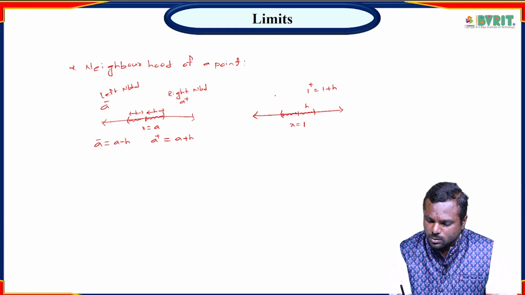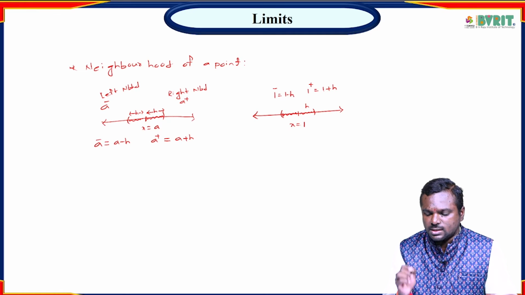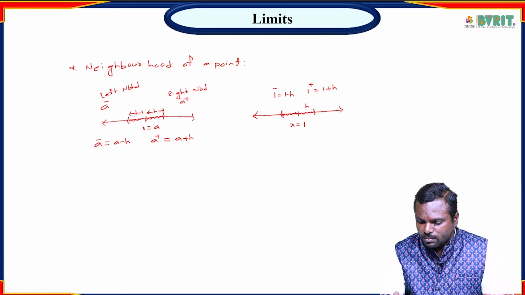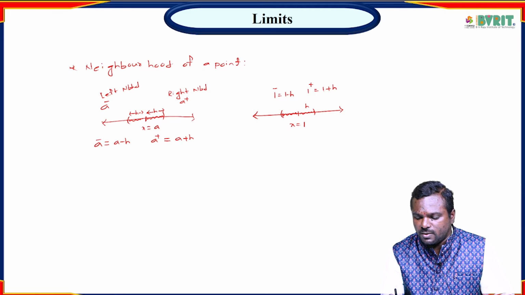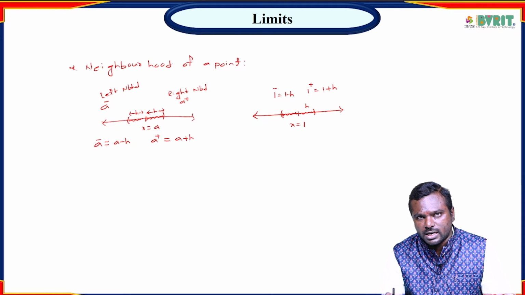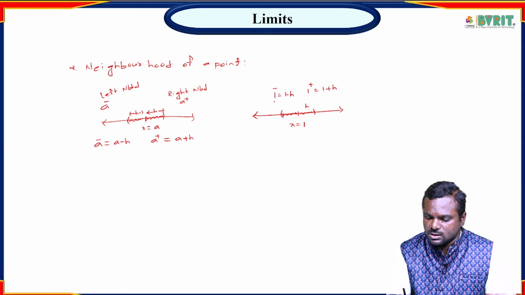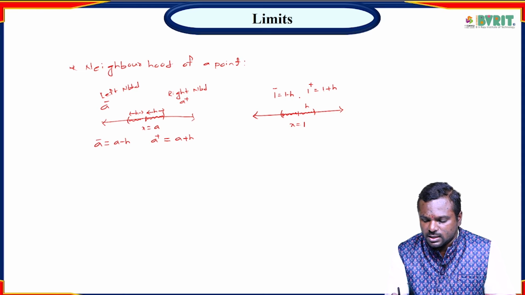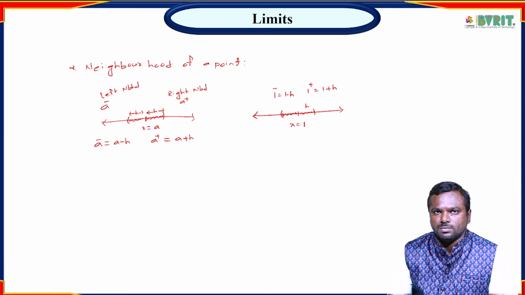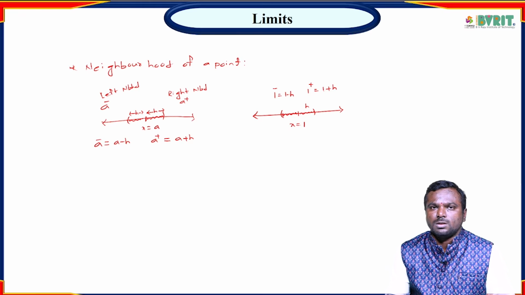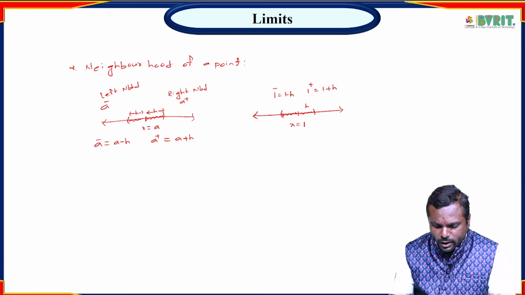The left neighborhood is called 1 minus, that is equal to 1 minus h. This is the major concept of the neighborhood of a point.